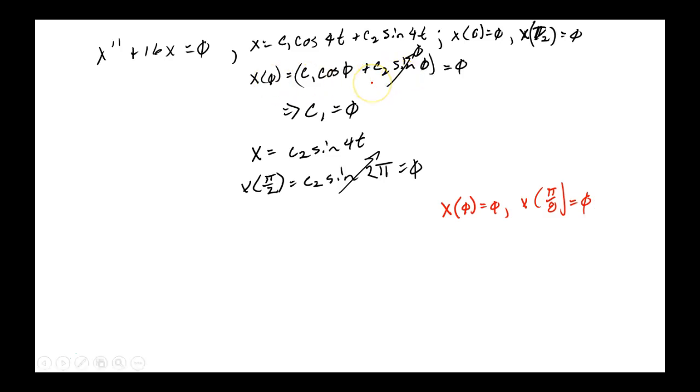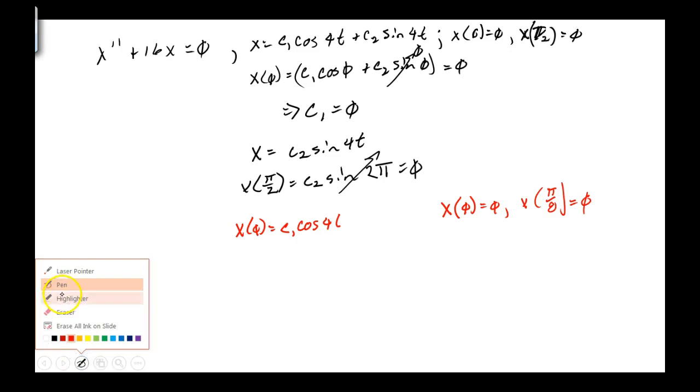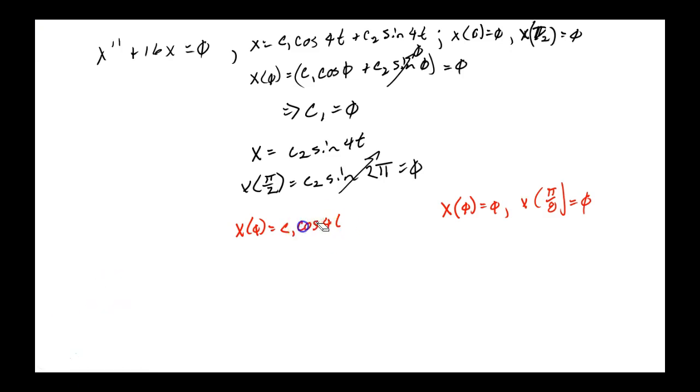Now, you come up with the same deal there, but let's plug in x of 0 is equal to 0. So this will be x at 0 is equal to C1 cosine of 0, plus C2 sine of 0, and that's supposed to equal 0.